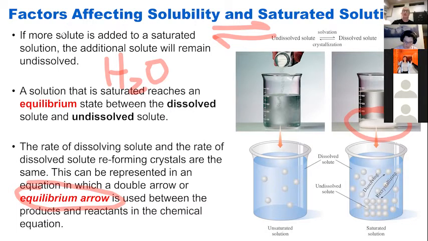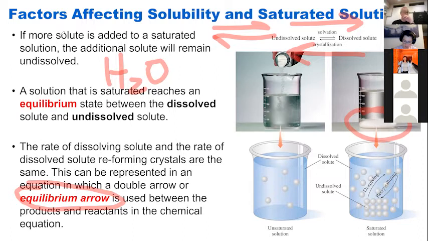In one direction, we have added solute going into solution. But in the other direction, we've got solute that was already in solution coming back out and forming crystals. And so we have competing reactions happening in both directions when we have a saturated solution.